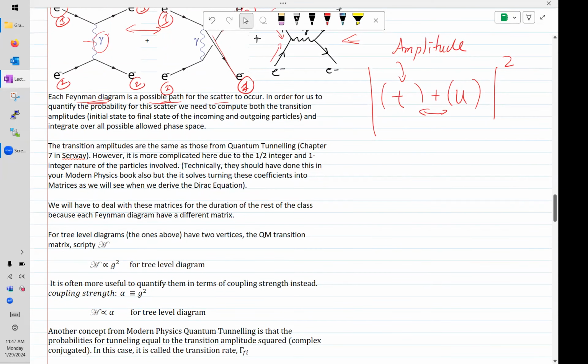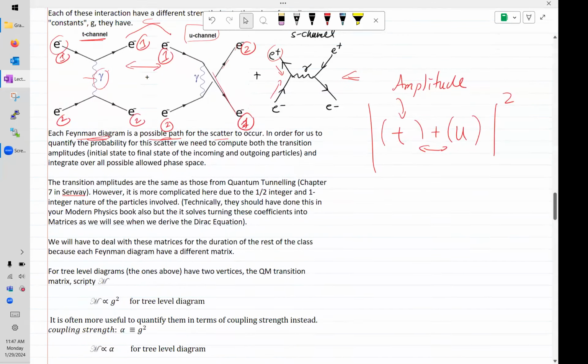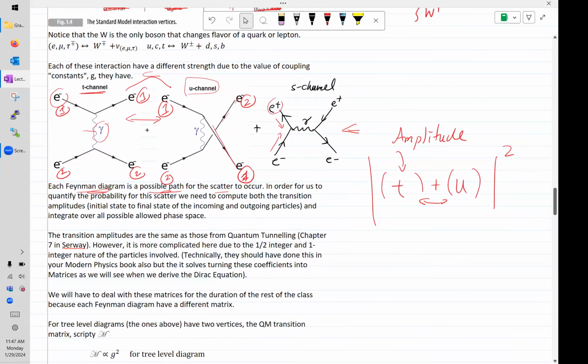Quick question. What is the significance of T channel versus U channel versus S channel? They are physically different, right? So in one of them, electron one goes in and electron one goes out, going upward, and the second electron goes downward.